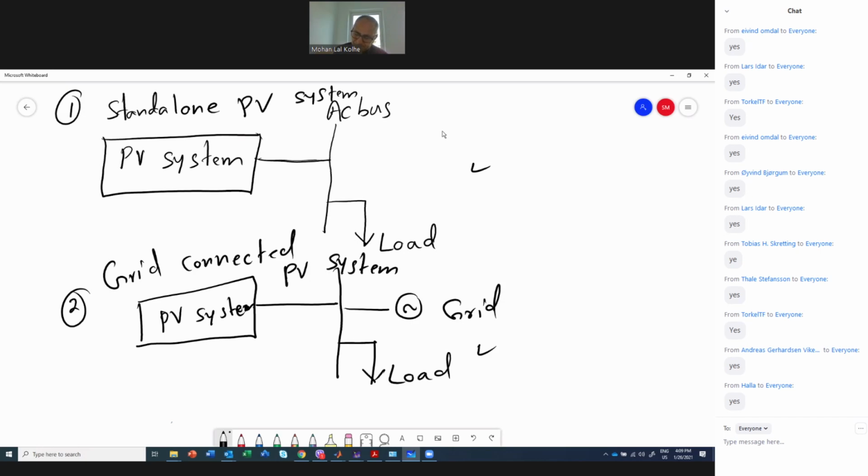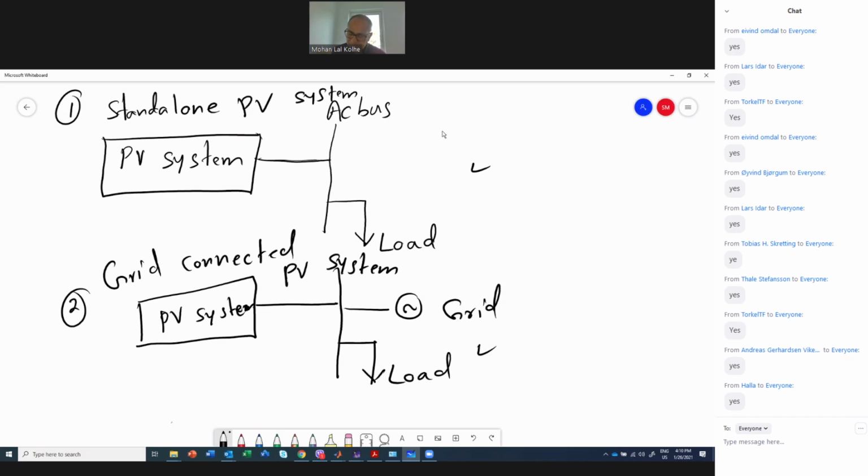That means when we are analyzing photovoltaic systems, we have basically two topologies or two modes. When dealing with a grid connected photovoltaic system, with the unavailability of the grid, this system will switch to the standalone mode. Therefore, when analyzing a PV system, we have to consider these two basic topologies.